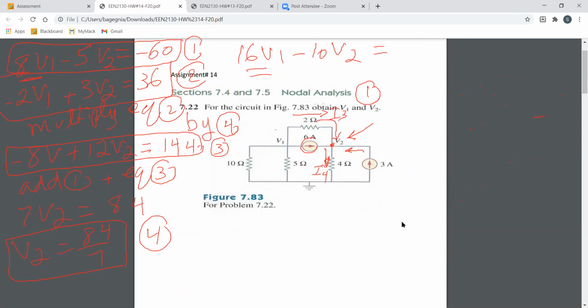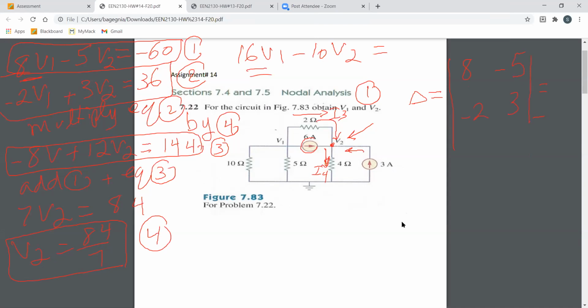Okay, so what I need here is equation 1 and equation 2, and I need a delta first. So I write down all the coefficients from the left-hand side: 8, minus 5, minus 2, and 3. So you see the step here is so nice, it's only numbers.